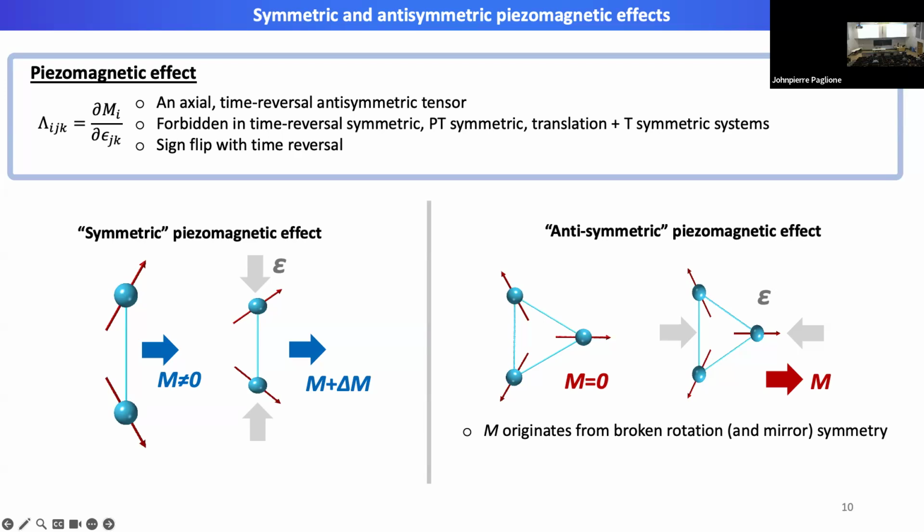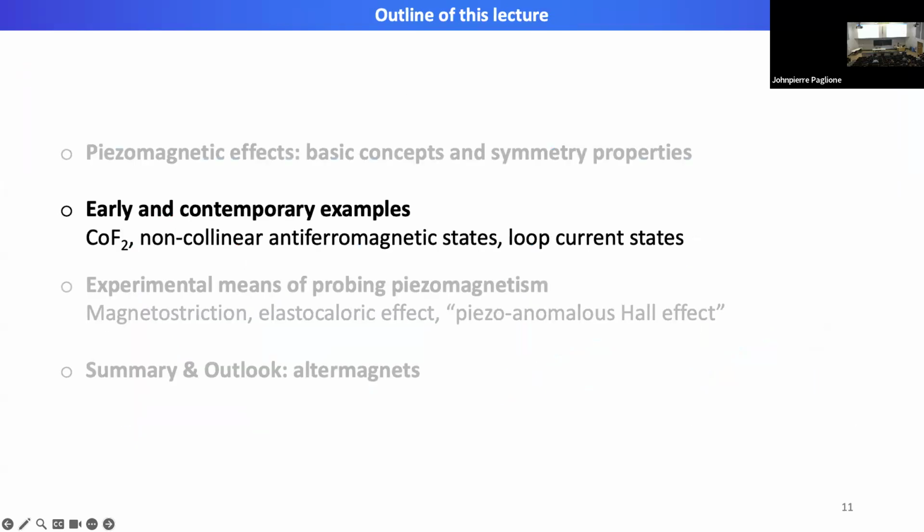Okay. So great. Now let's move on to the second part of this talk, where I wanted to show you a few actual material systems that exhibit this piezomagnetic effect.